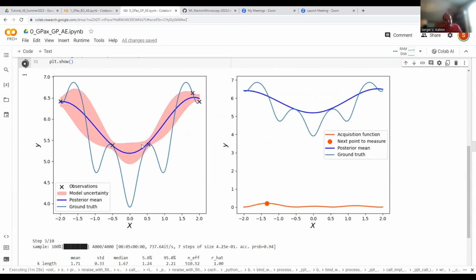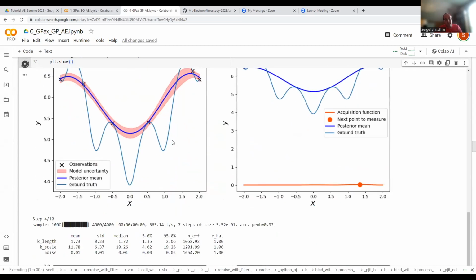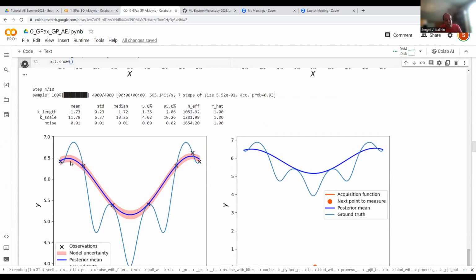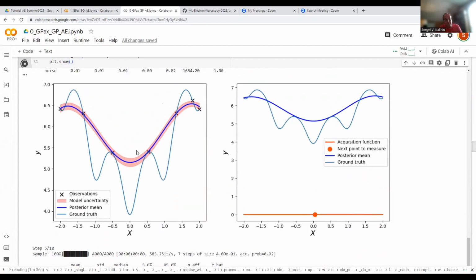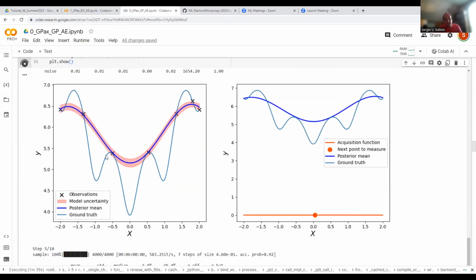So the algorithm continues to explore our parameter space. It still finds the locations at these points, and for the time being it repeated the process we've seen before. These are the measurement points, this is our reconstructed curve, the posterior mean, and this is our ground truth curve.